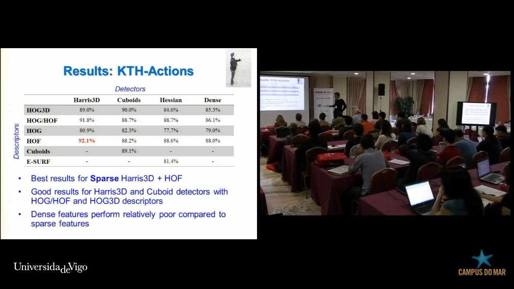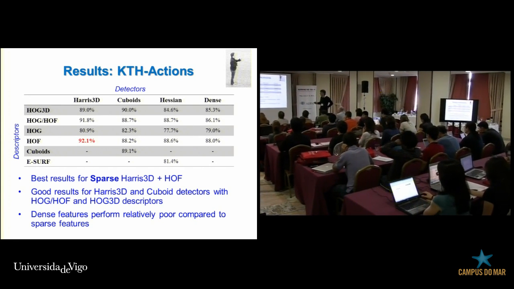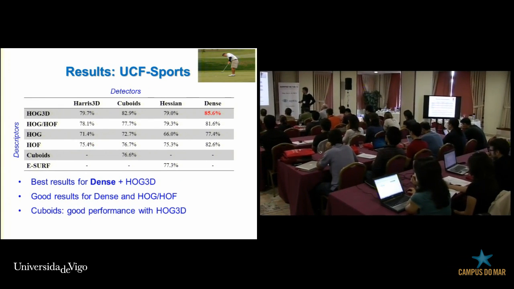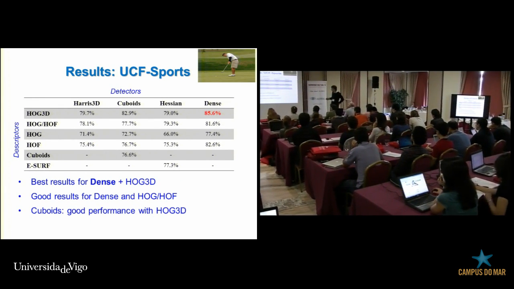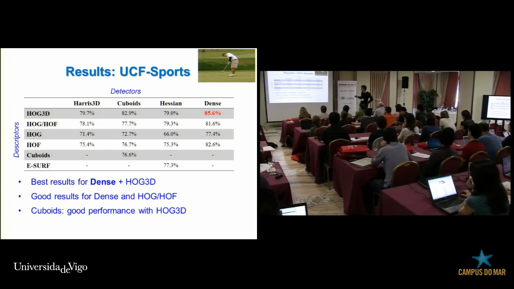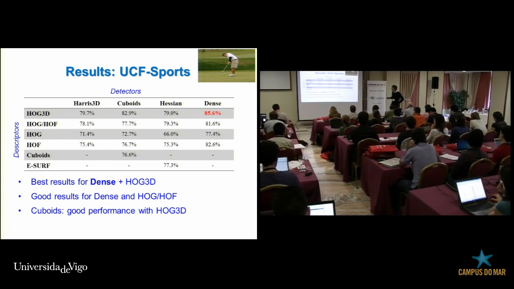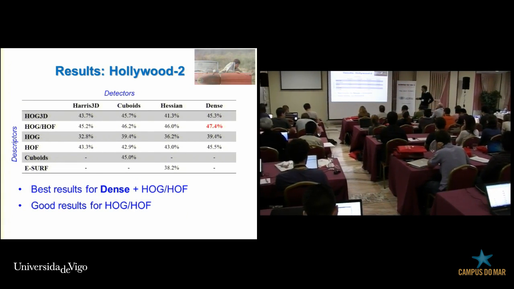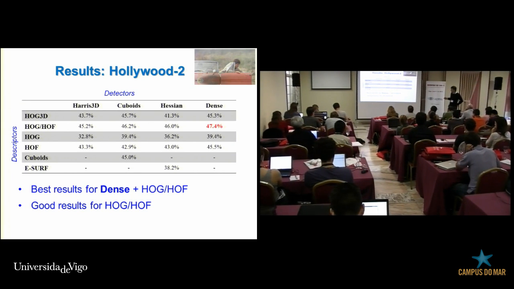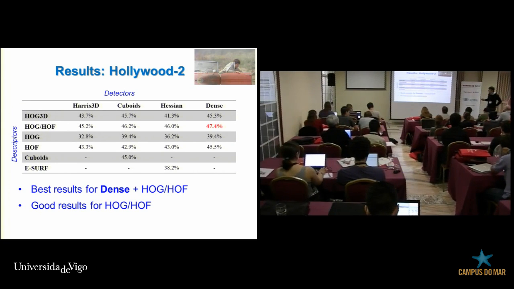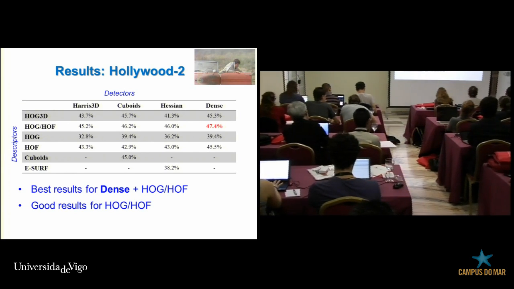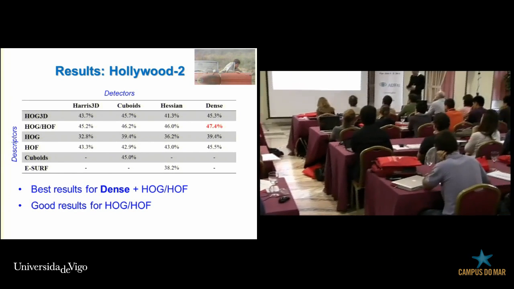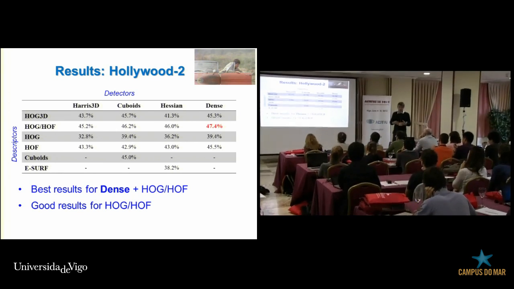Conclusions later. For now, going to more complex data sets, the results were different. The dense descriptors were better, also for Hollywood 2. This observation has also been made for image classification.